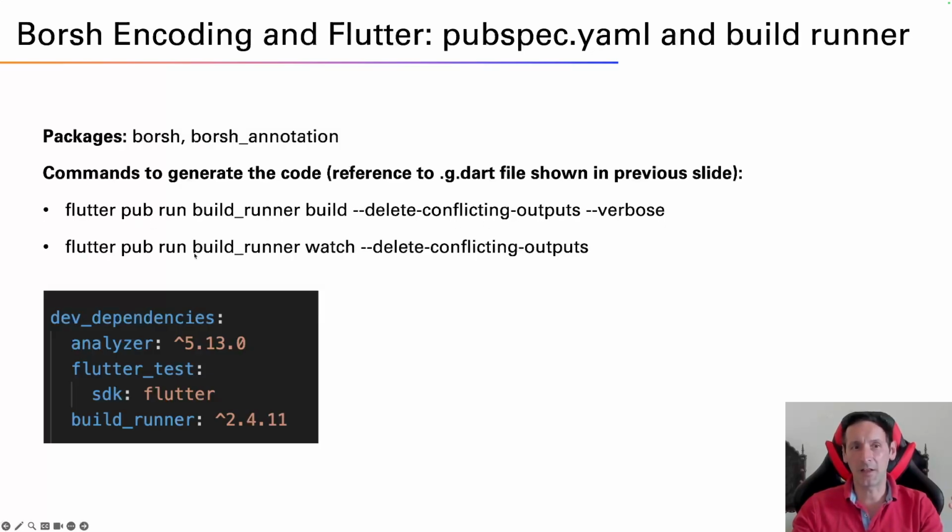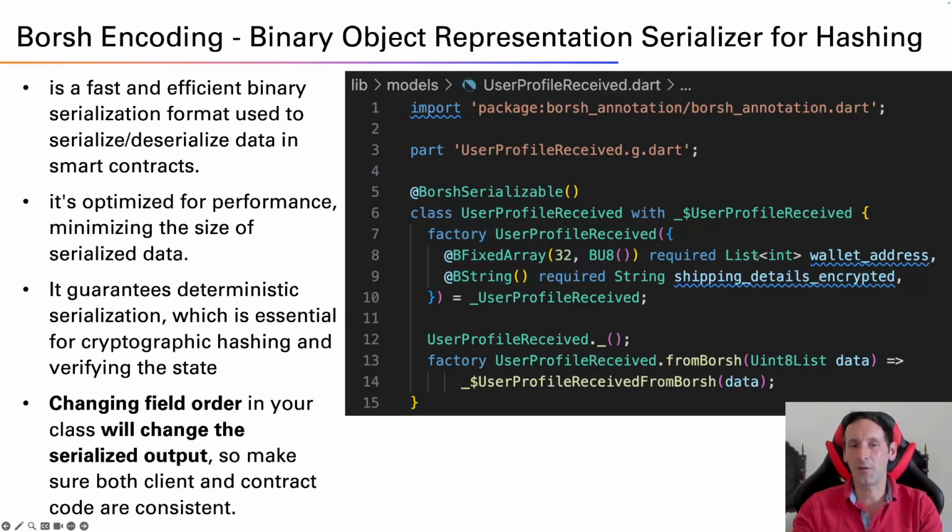I typically run this first one when I need to, essentially anytime that I make a change to this file, to these class definitions. I have several of these classes. Some of them were a lot more complicated.